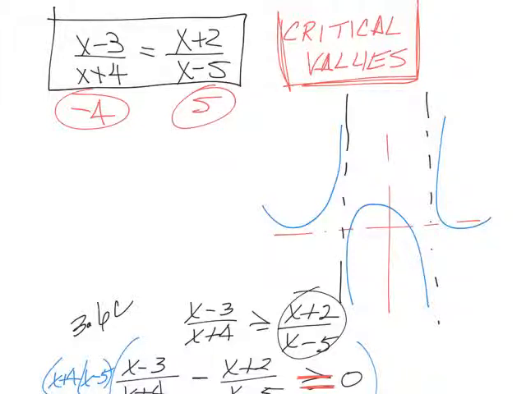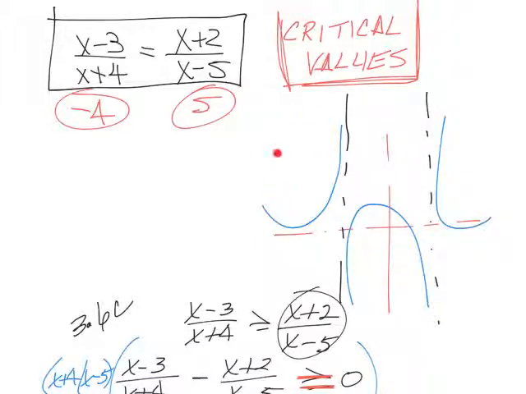So before we do these rational inequalities, we're first of all going to look and see what our critical values are. Our one critical value was at 5, and I just have a black dotted line there. Our other critical value was at -4. Those are important because those critical values break our graph into 3 intervals right there.